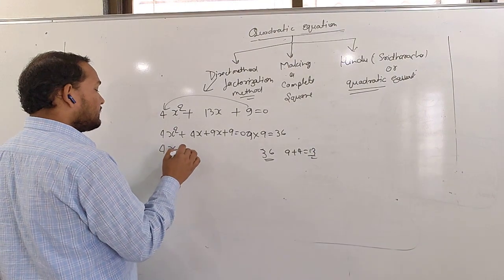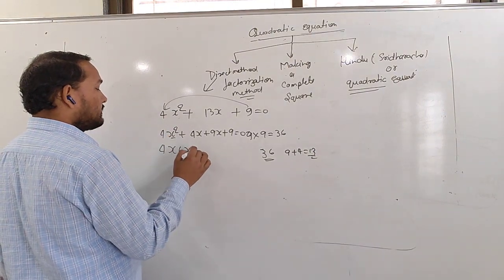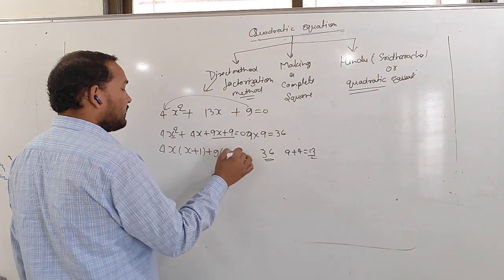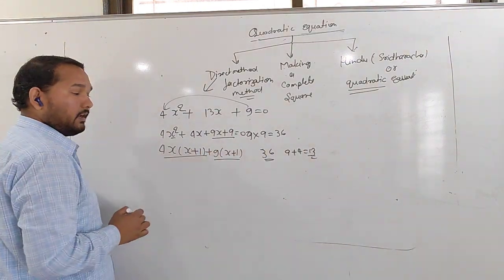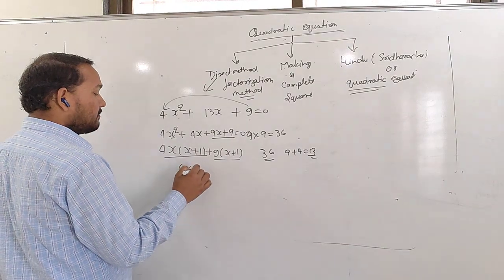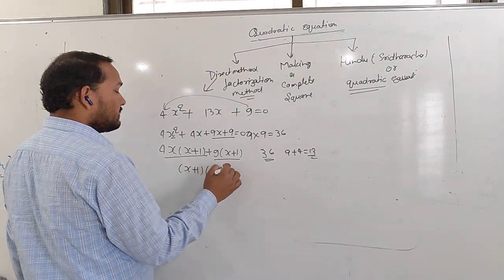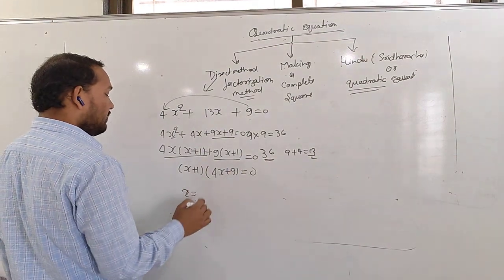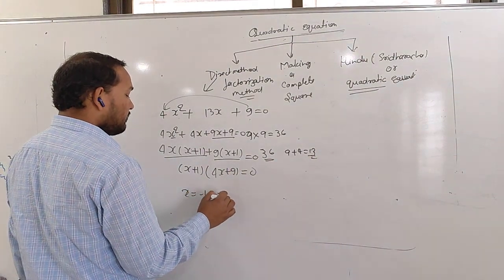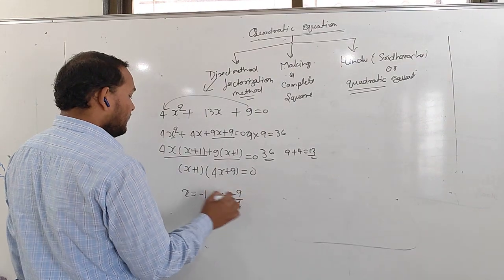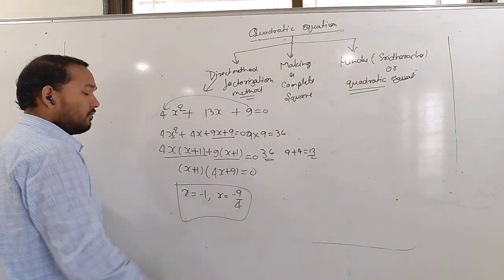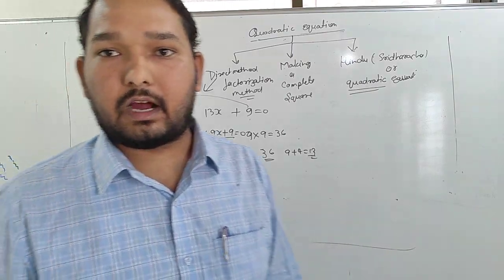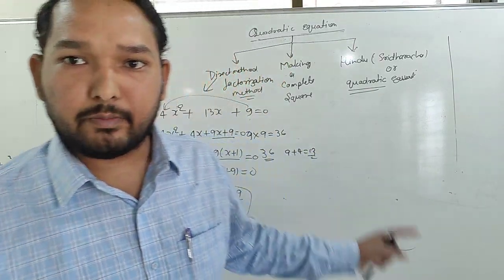Take 4x common, remaining x plus 1, and here 9 common, then x plus 1. Once again x plus 1 is common, and the remaining part 4x plus 9 equal to 0. So x equals minus 1 and x equals minus 9 upon 4. These are the two roots, and this is called the factorization method, the direct method of the quadratic equation. Are you getting my point?